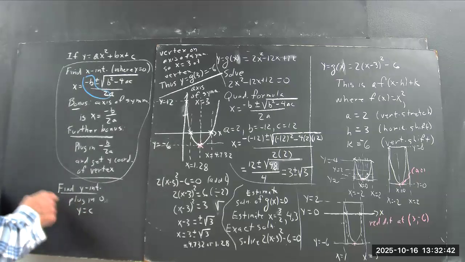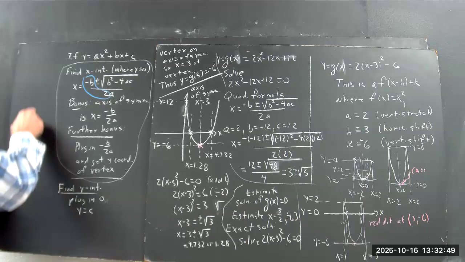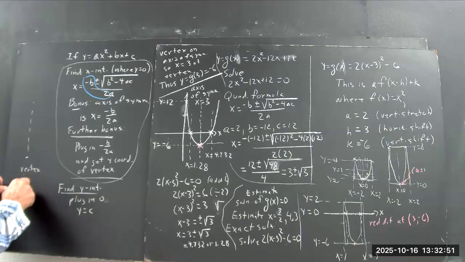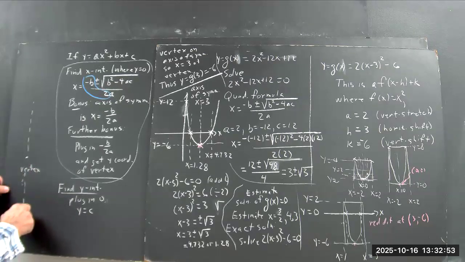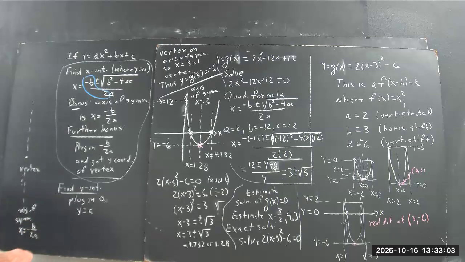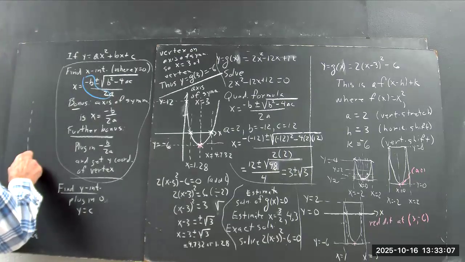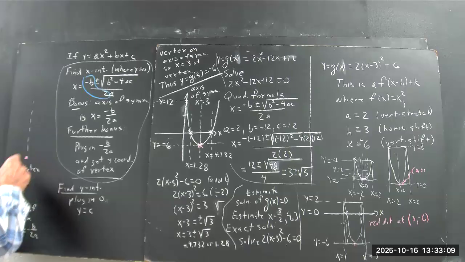So what do you have at this point? You have a vertex. First of all, you have the axis of symmetry. Vertex. Make that our red dot.